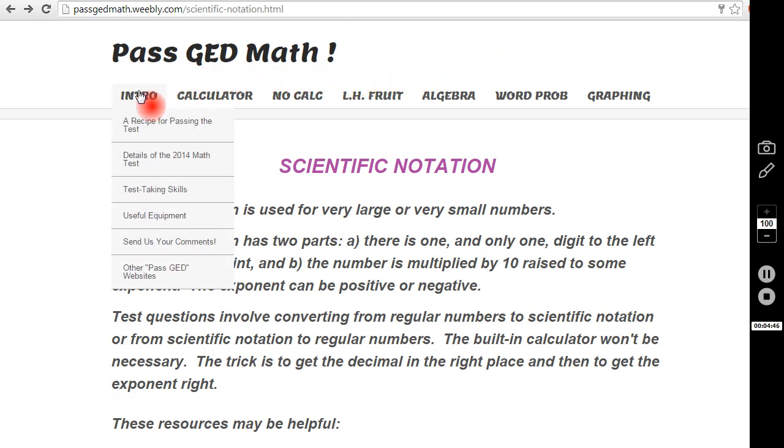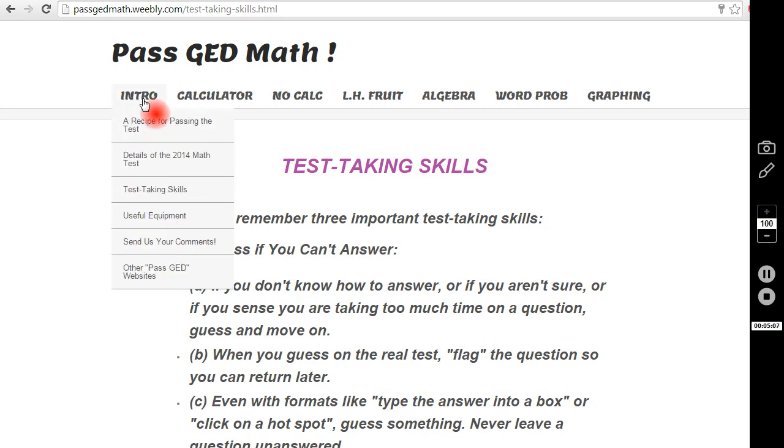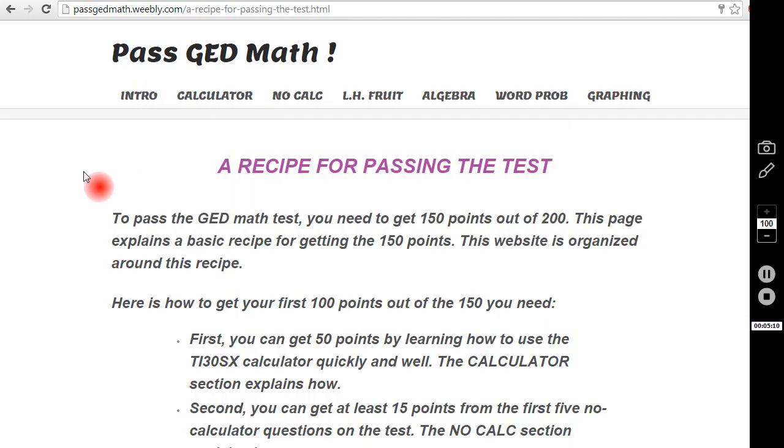Basically, you can get the other 15 by managing your time on the test and by guessing whenever you can. And there's a page in the intro section called Test Taking Skills that guides you in doing that. That gives you your total of 150 points. There's also in the intro section a page which summarizes the recipe I've just shared with you.